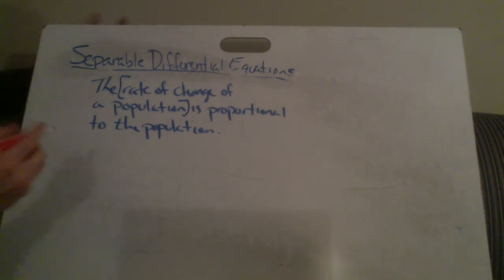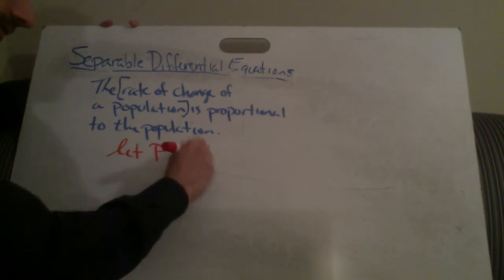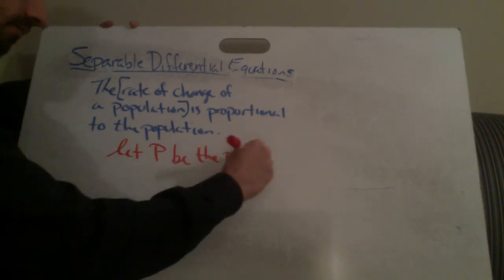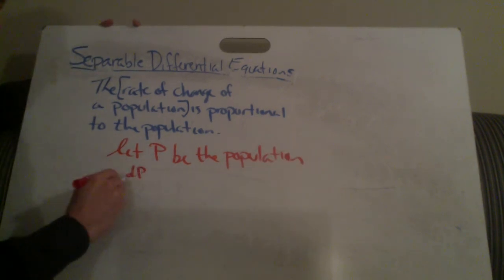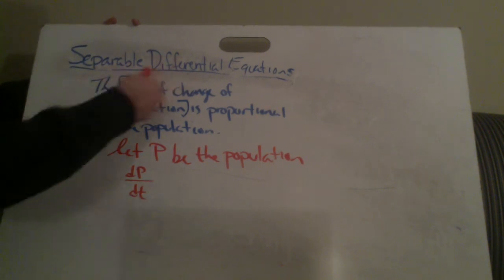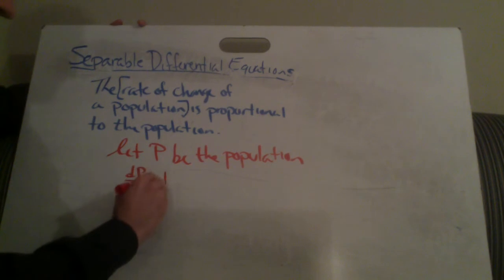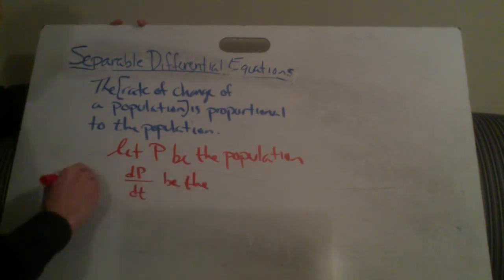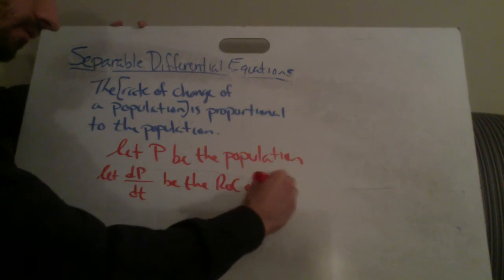So if I'm going to say let P be the population, then dP dt, I'm going to call it dt because, well, this is rate of change. I'm assuming it's changing over time. dP dt is going to be the rate of change of the population.